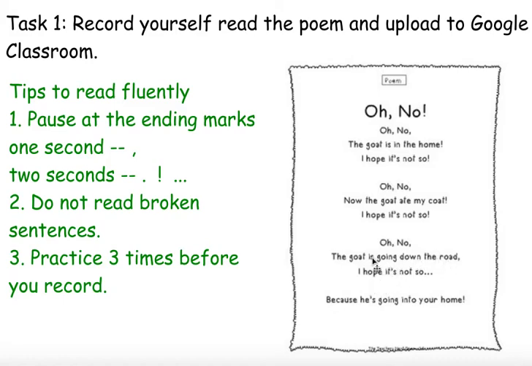So you see that I am making a pause between going and down, and down the road and I hope don't connect. So once I pause in between words that are supposed to connect, or I'm not pausing when there is a mark telling me to pause, this is called broken sentences. And we don't want that to happen because when people hear it, they wouldn't understand it.